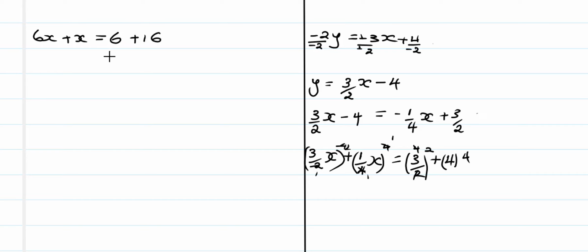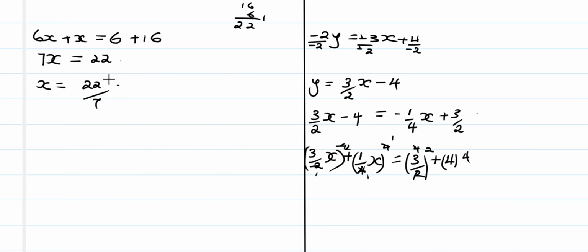So this will be 6x plus x, which is 7x, is equal to 6 plus 16. We can even do it here: 16 plus 6, where 6 plus 6 is 12, carry 1, and then 22. So 7x is 22, so x is equal to 22 divided by 7.